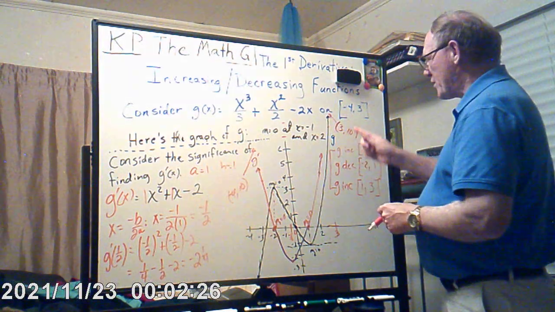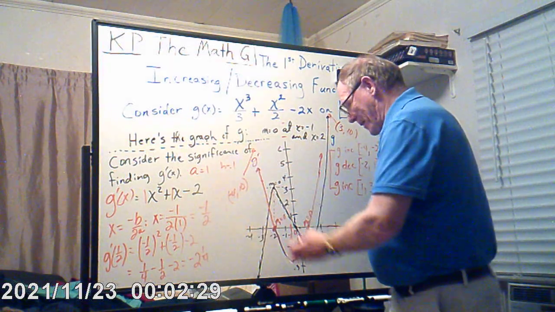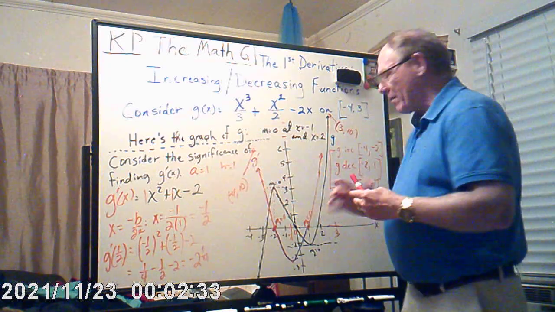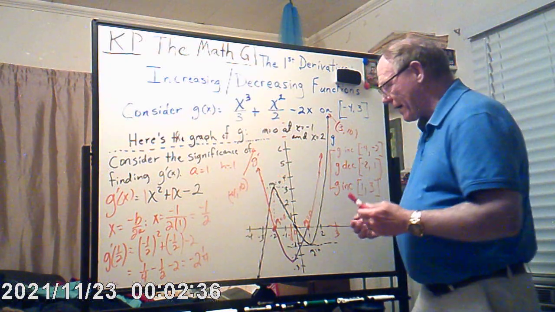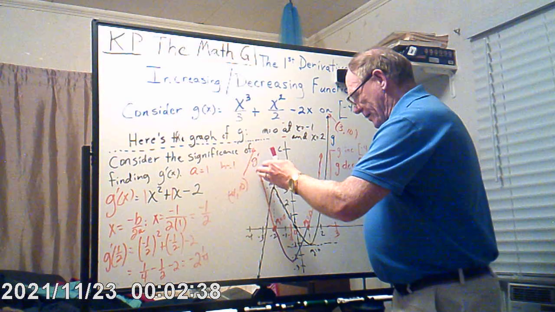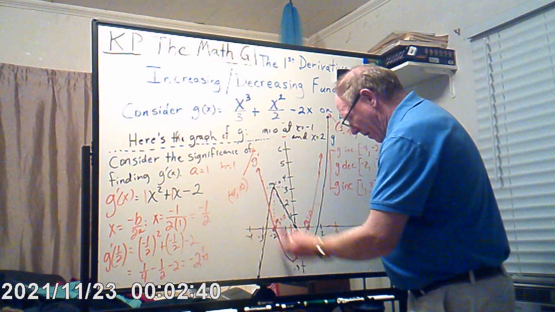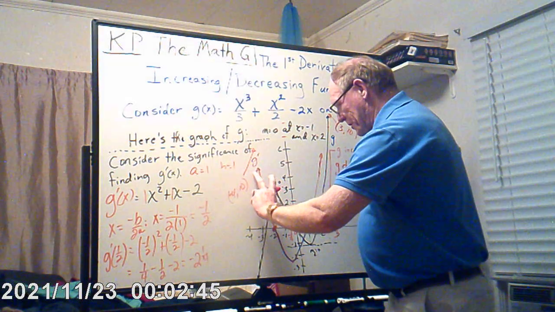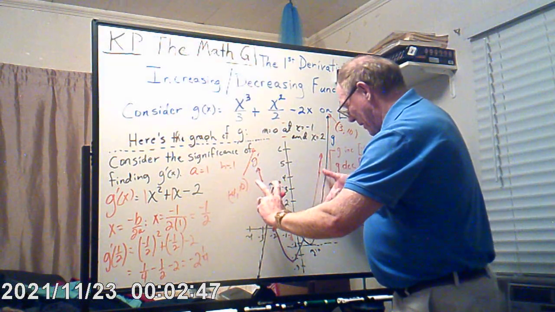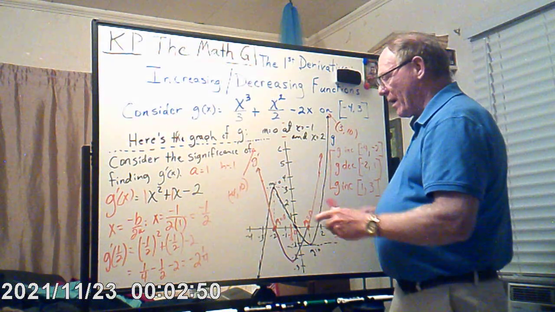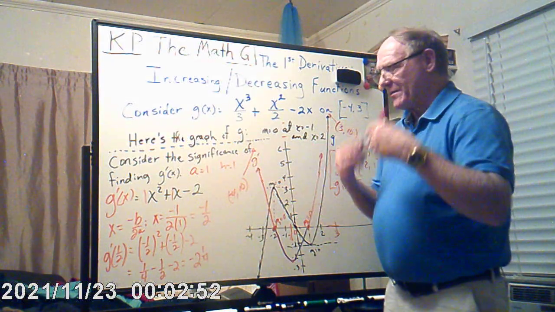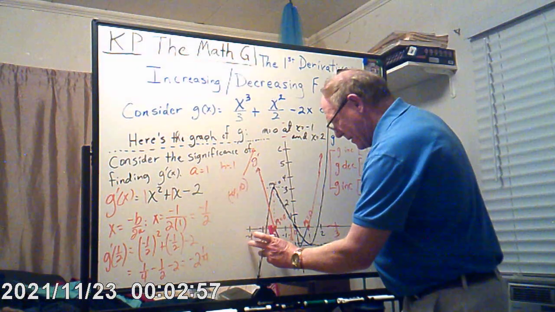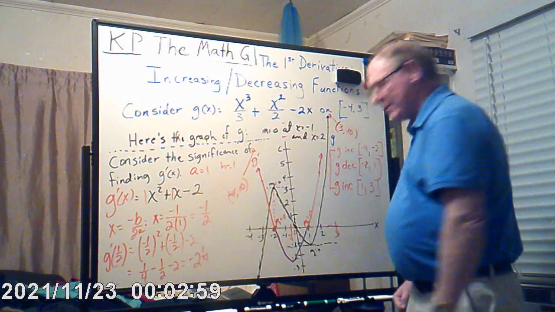So the basic idea is not so much where the points are, and I was very careful to do that correctly. You just need to know that if this portion and this portion here are above the x-axis, we know that G or X or W or whatever it is, is increasing on this interval and on this interval here.